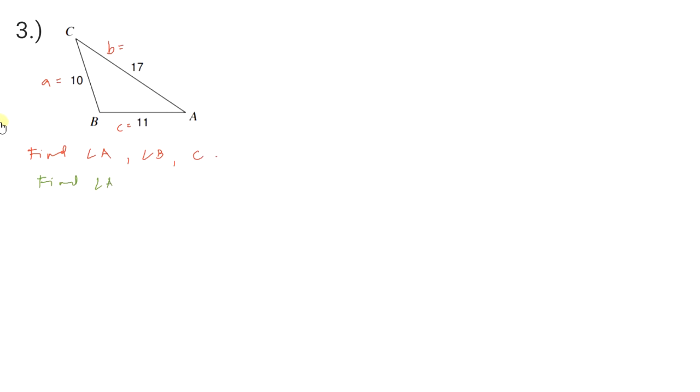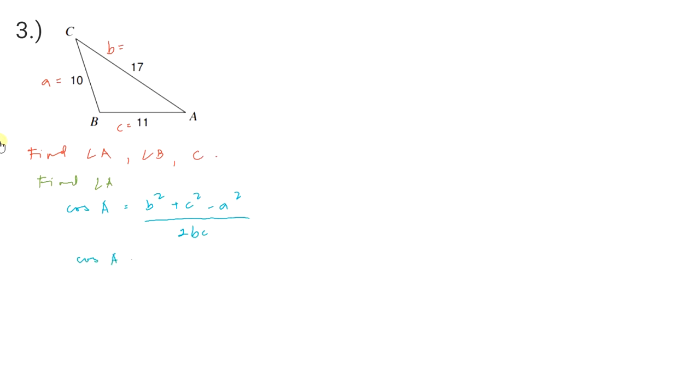To find angle A, our formula is: cosine of angle A is equal to B squared plus C squared minus A squared, all over 2BC. Let's substitute.